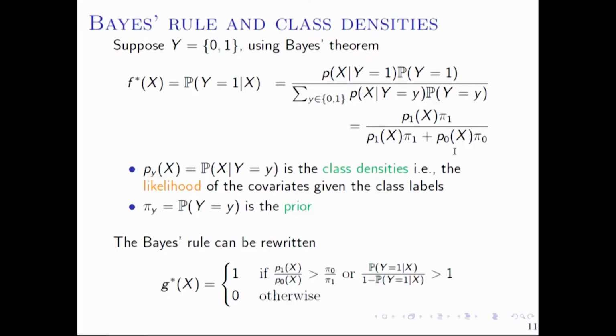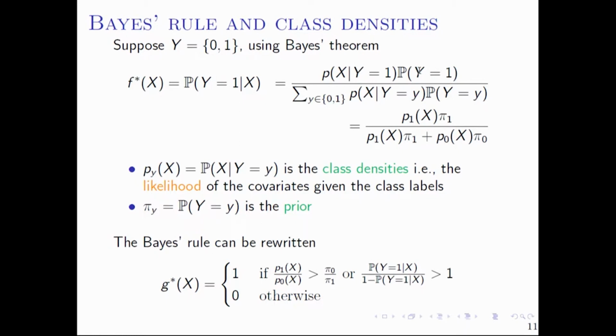So I think you have already learned a little bit of Bayes theorem. If we have a posterior probability, this is P(y equal to 1 given x), then you can write it as this. This is called the likelihood, or the class density. In the classification problem, it is called the class density, that means the density of the sample x when the class is given.